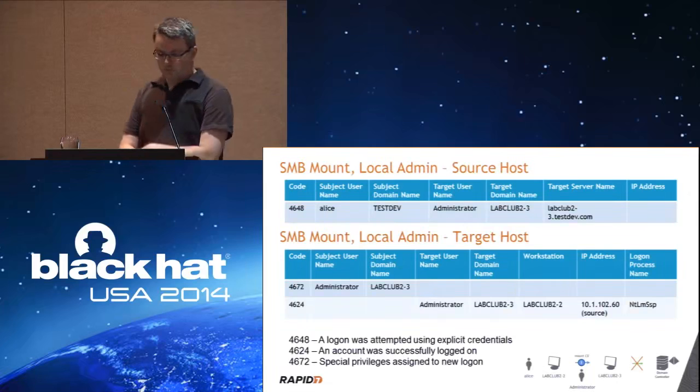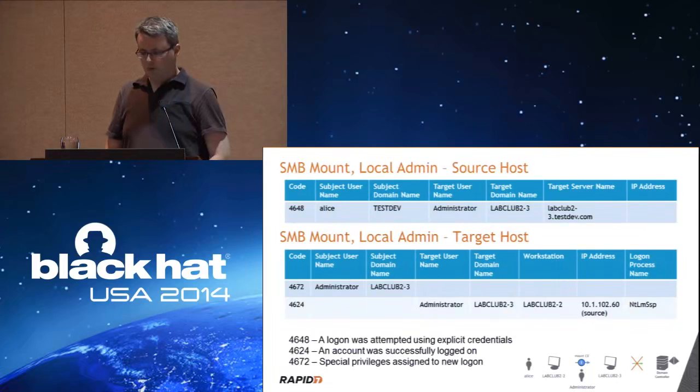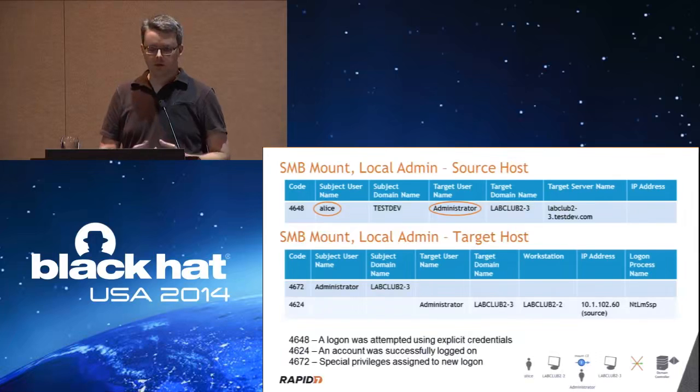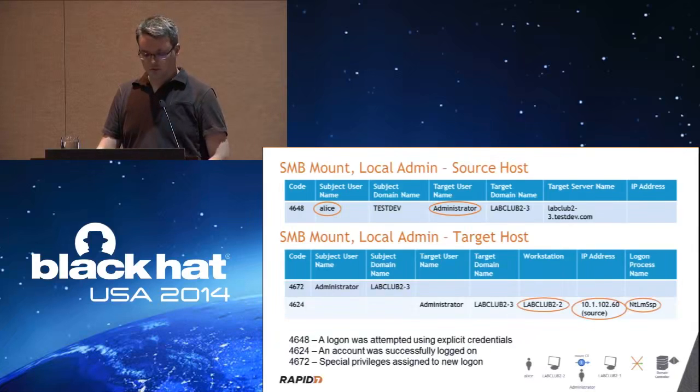So when making an authentication to the local account, it's considered an impersonation, so it's actually logged on the source host. It provides the information that this source user, Alice, did an impersonation to this target user, administrator. On the target system, we get the full-fledged details, very similar to what we were talking about earlier.